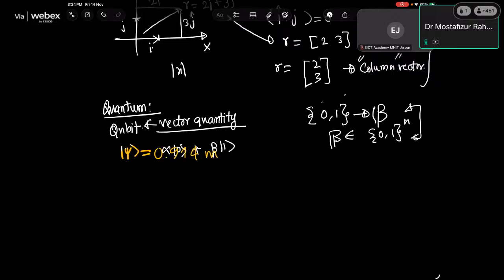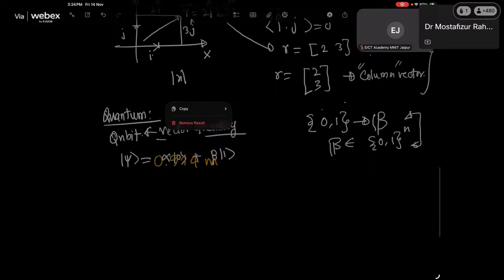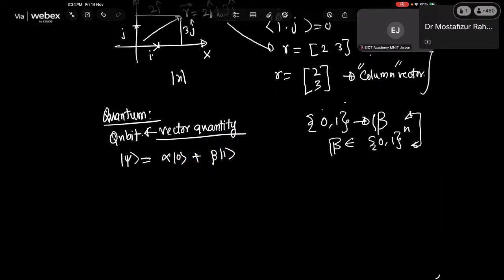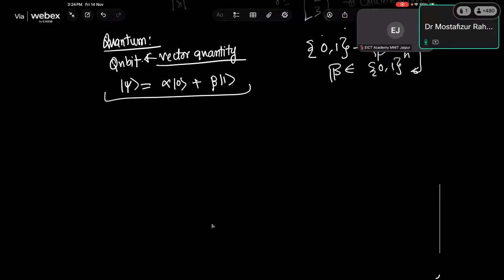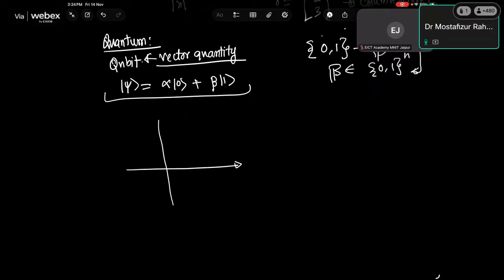I'm not going into the introduction of this part from quantum physics or anything. Now, what does this mean from linear algebra? That is important. So let's again draw this kind of Cartesian coordinate system.